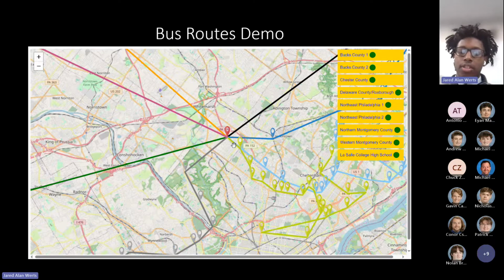Then I added a feature to show the use of the buttons.